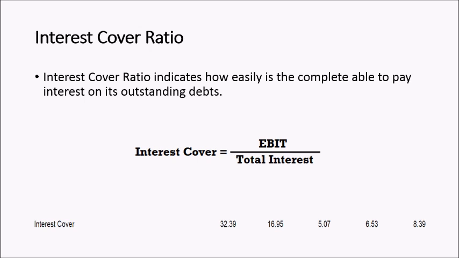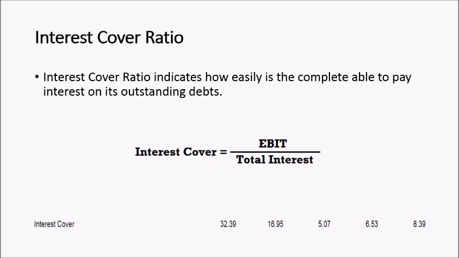In this example, the interest cover ratio of Technocraft Industries Limited is 32. This indicates that if the company generates 32 rupees revenue, then out of 32 rupees the company will be paying 1 rupee as interest on loan. The preferred interest cover ratio is greater than 5.